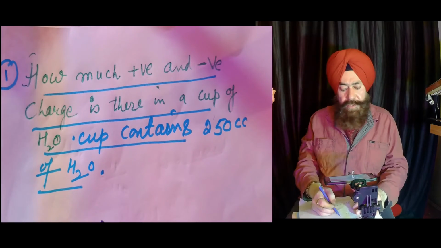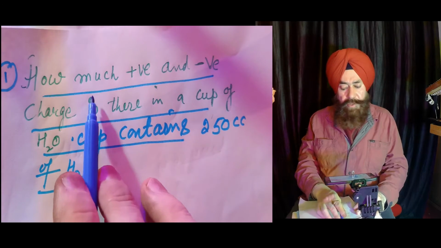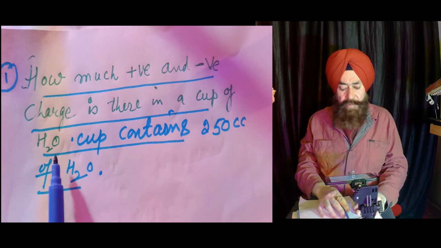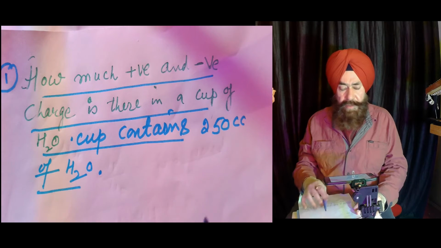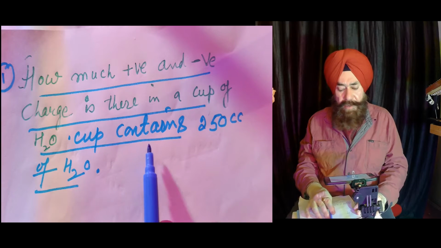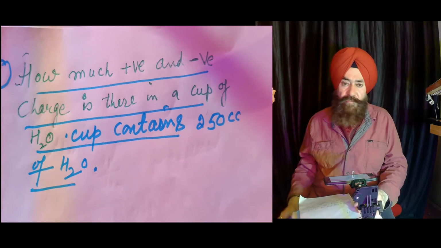So the first question is, how much positive and negative charge is there in a cup of water? Let's assume that the cup contains 250 cc of water.